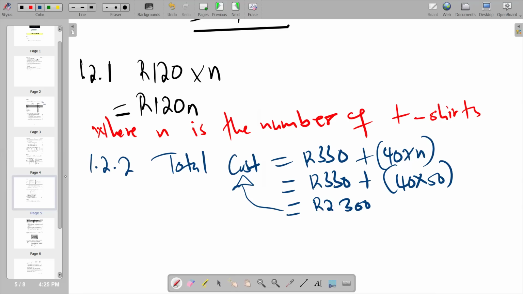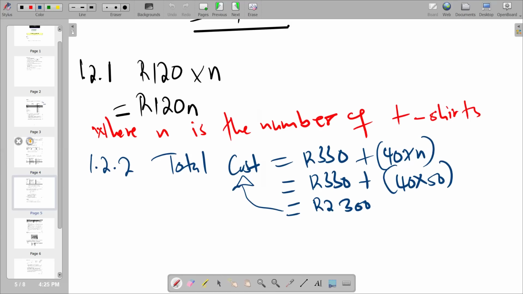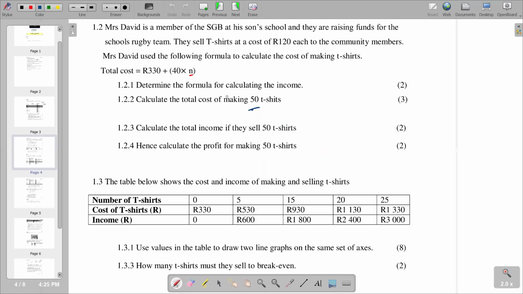So we move on to the next part of our question, which says calculate the total income if they sell 50 t-shirts. So obviously, for the previous one, we calculated the costs of 50 t-shirts.